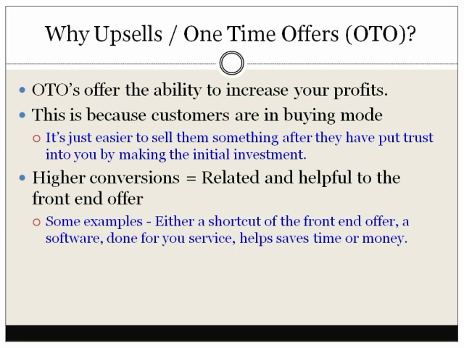So that could be your one-time offer. So for somebody who wants to speed the process up, which is likely to be most people, then they're probably going to invest more money into your one-time offer. You can also offer a software, a done-for-you service, or something that helps them save time and money.